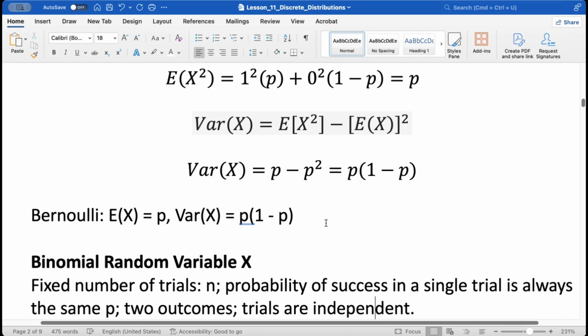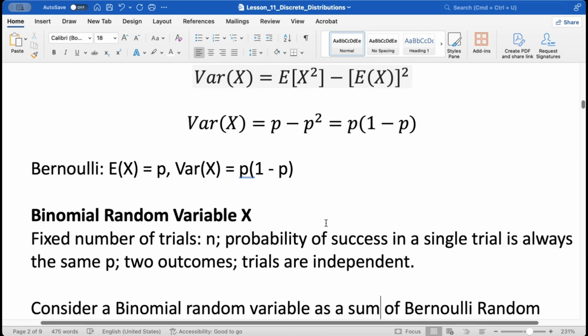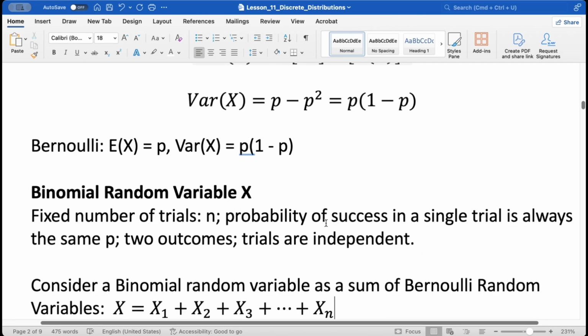The probability of success in a single trial is always the same. It's p. And there are two outcomes. The trials must also be independent. So what happens on one trial has no impact on any of the others. But we can consider a binomial as a sum of Bernoulli random variables. It makes the calculations a lot easier.